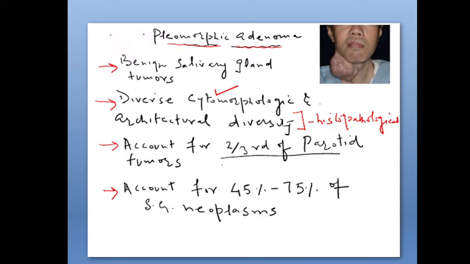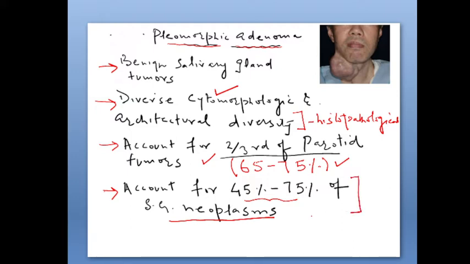Now, they account for two-thirds of the parotid gland tumors. According to some studies, they account roughly from 65% to 75% of all parotid tumors. And among all salivary gland neoplasms, pleomorphic adenoma are seen in 45% to 75% of the cases.